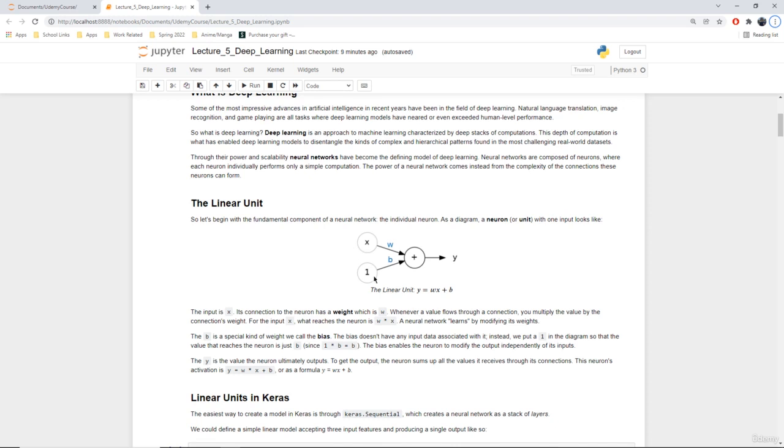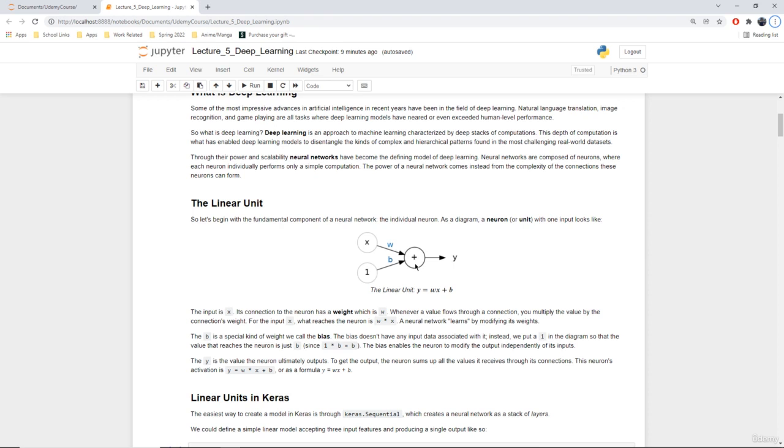In this specific neuron, the input is x, and it has a connection to the neuron diagrammed by this arrow, w, which is its weight. Whenever a value flows through this connection, you multiply this value by the weight. So what actually reaches this neuron is w times x.